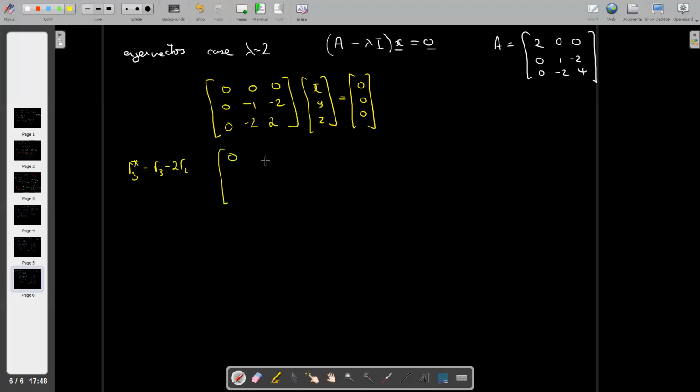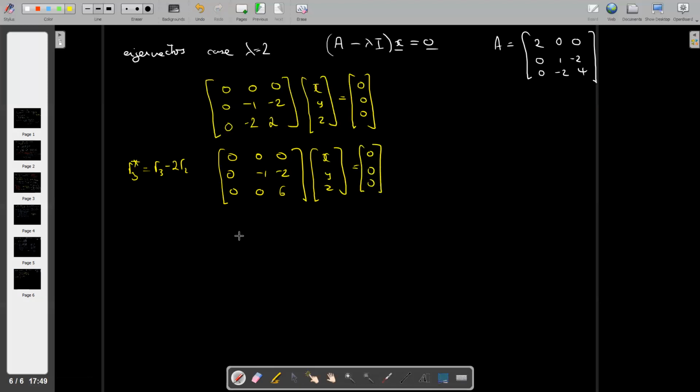So that would give me 0s on the top. The second row wouldn't change. And then, if I take away 2 lots of negative 1 off here, that's going to give me 0. If I take away 2 lots of that, it's going to give me plus 4. It's going to give me 6. Okay. x, y, z is equal to 0, 0.